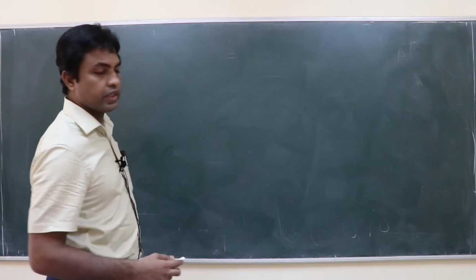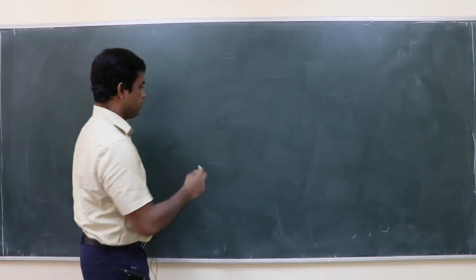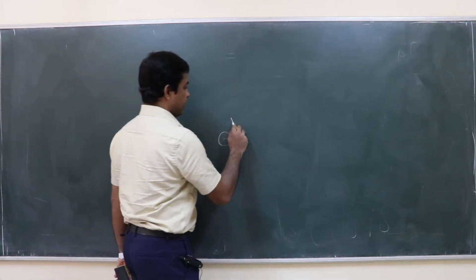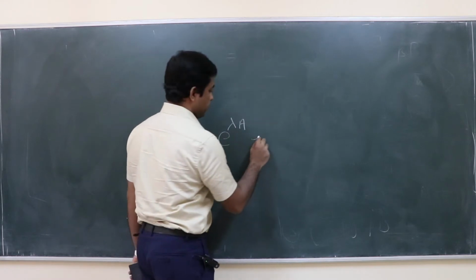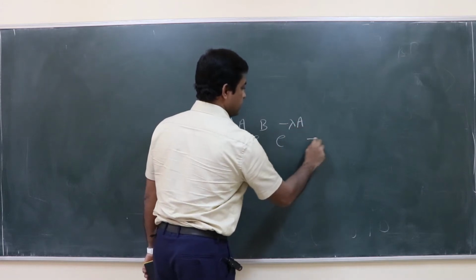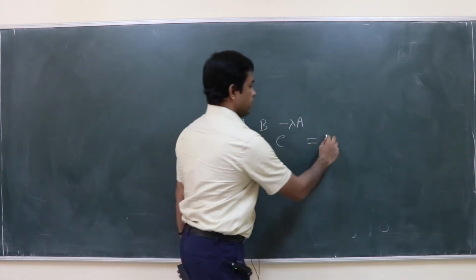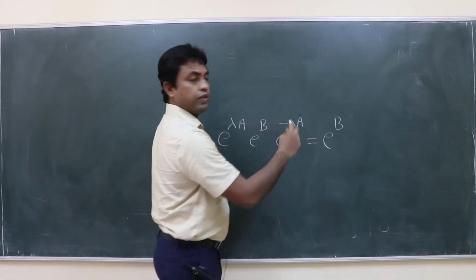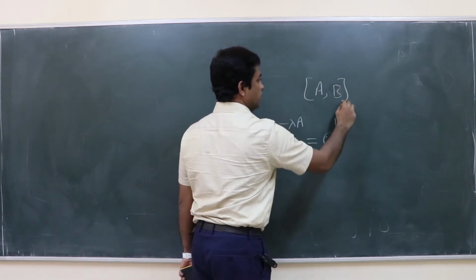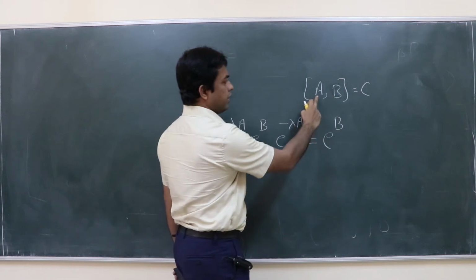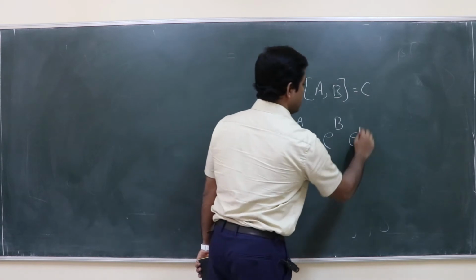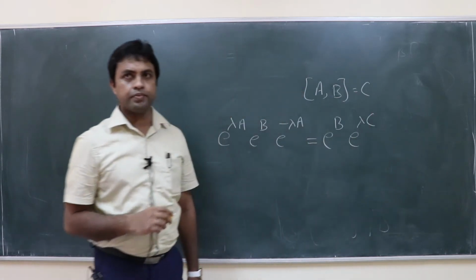What is the formula I asked you to derive? e raised to lambda a, e raised to b, e power minus lambda a is equal to e power b, and if the commutator of a with b is c, and a and b commute with c, that is the condition, then this is equal to e power lambda c.